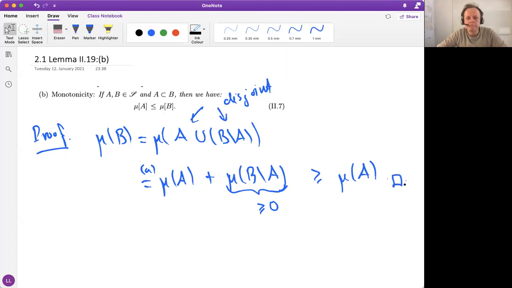Any questions? I have a question. Are we sure that this set B minus A, when we take this set difference, is measurable? Is B, when we take A out, a measurable set? What do you think?